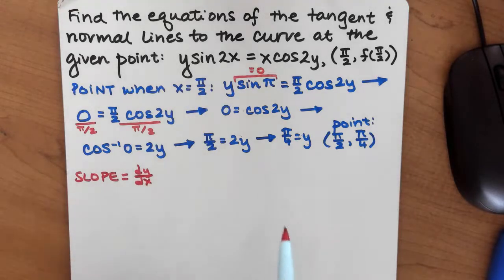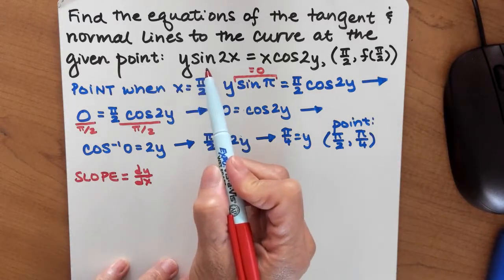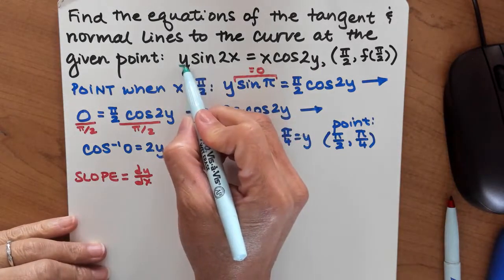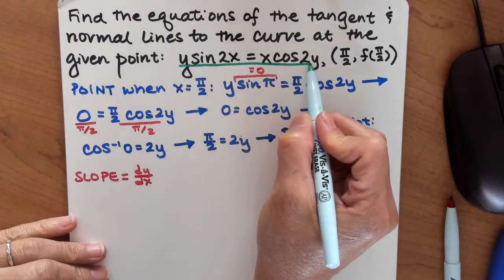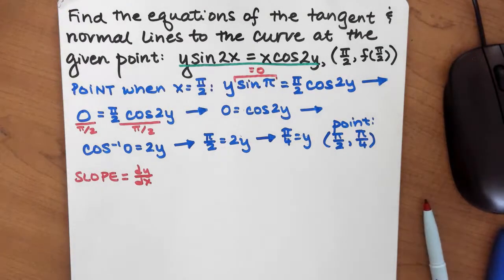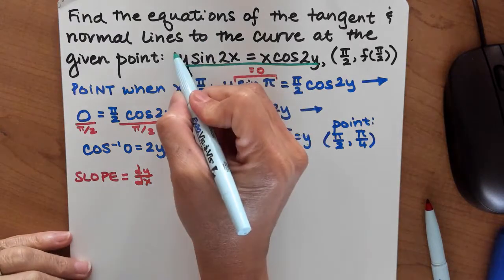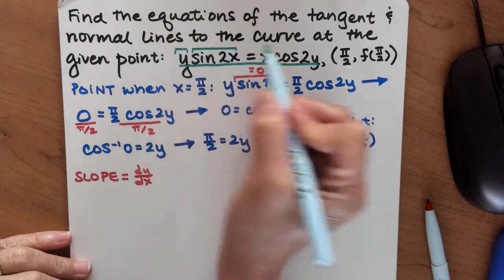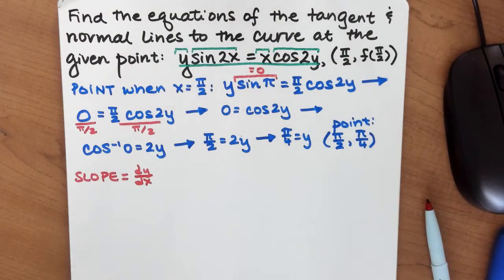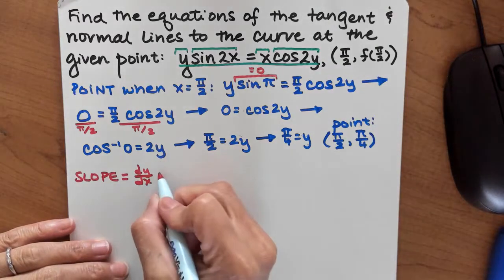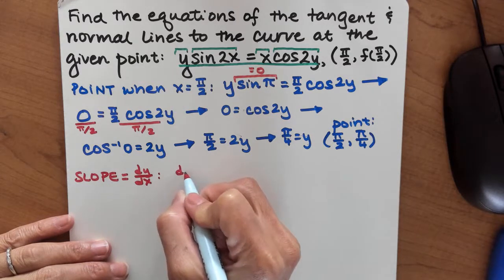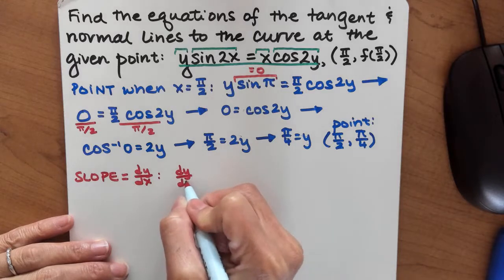And I can see that I'm going to have to use implicit differentiation because in my equation that I'm given, there's no way to explicitly write this equation. There's no way to solve for y. So I'm going to implicitly differentiate, and on top of that, I'm going to have to use the product rule on both sides of the equation. So on the left, the derivative of y is 1, and then the derivative of the variable is dy dx.